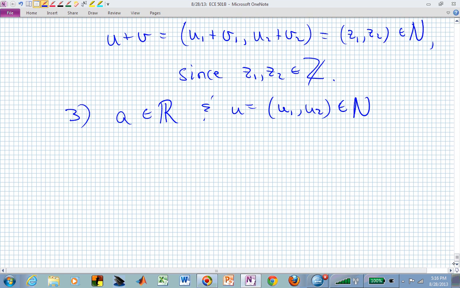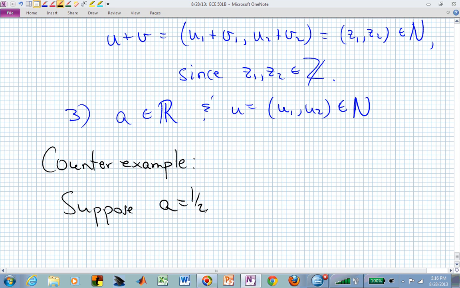But now we can actually find a counterexample pretty quickly. Suppose a is 1/2. A can be anything on the real line. It doesn't have to be an integer.